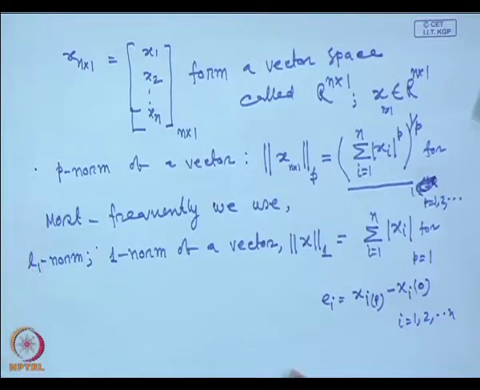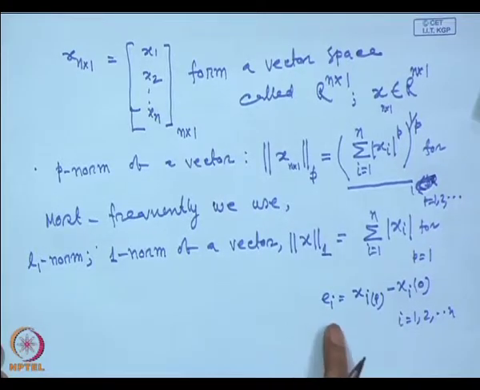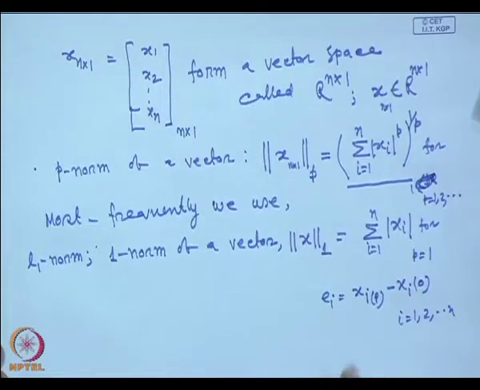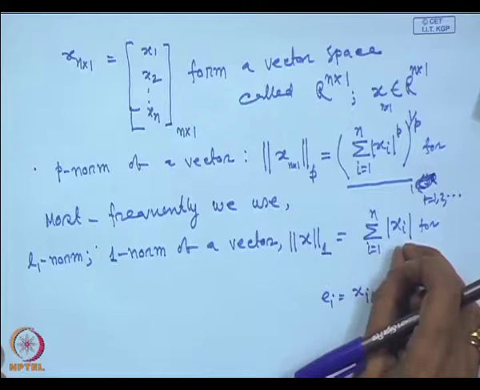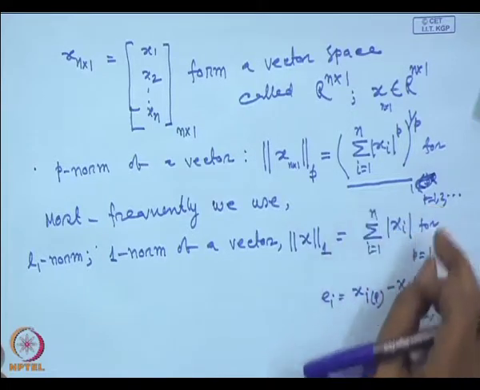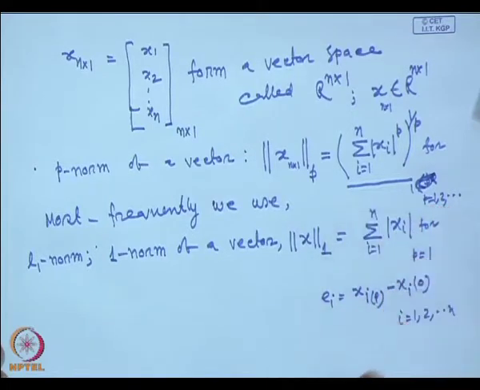Agree? So, if I take the L 1 norm, that means the 1 norm of the vector E, how many components of E are there? E 1, E 2, up to E n, because we have n variables. So, you take the sum of all the errors, and if it is less than 10 to the power of minus 4, then you stop your iterative process.